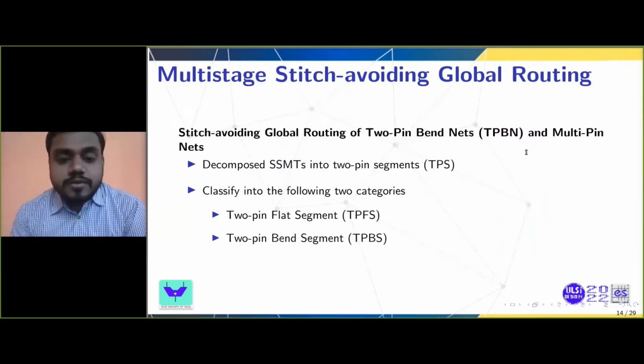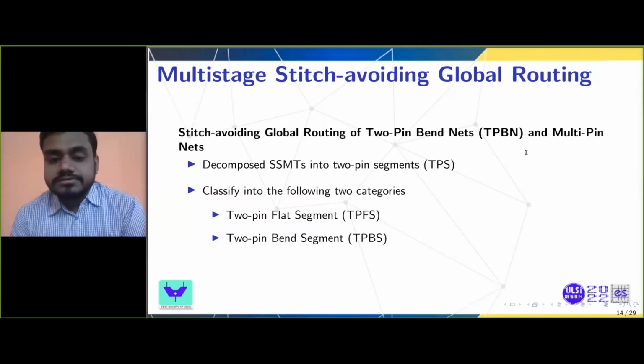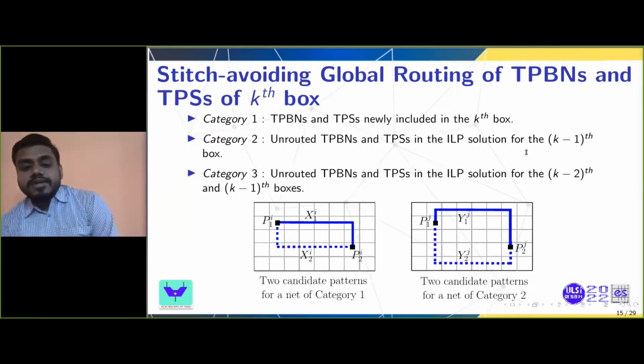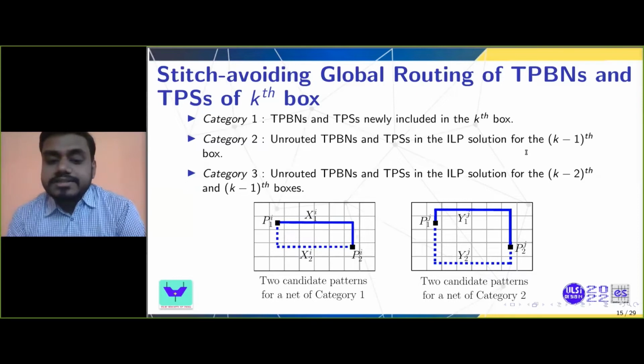First we decompose the stitch avoiding Steiner minimum tree into two-pin segments and then classify them into two categories, as shown in the slide, depending on the position of their endpoints. Here we categorize the TPBNs and TPSs inside the kth box into three categories. The category 1 and category 2 TPBNs and TPSs inside the kth box are routed by using our stitch constraint ILP.